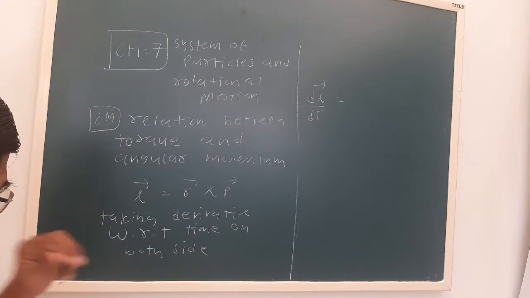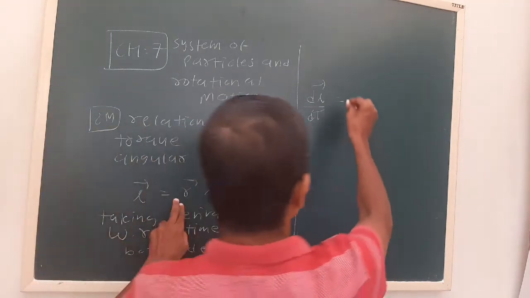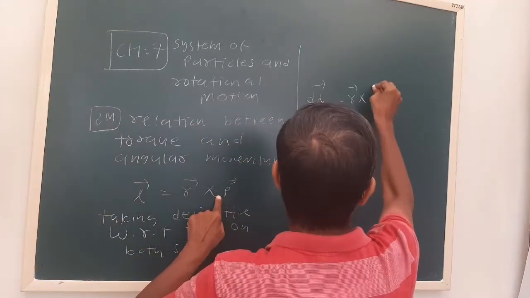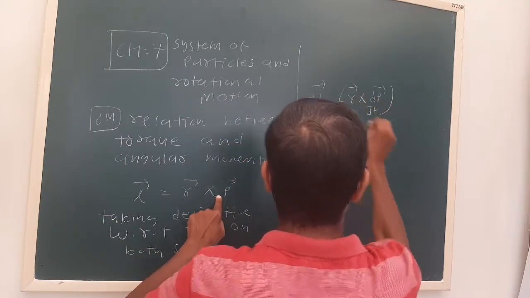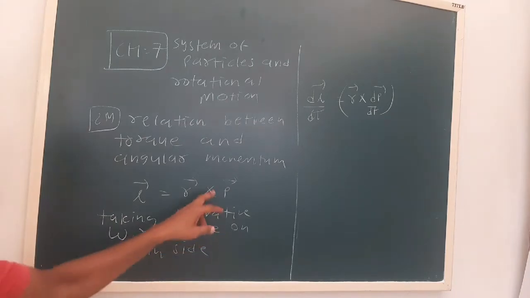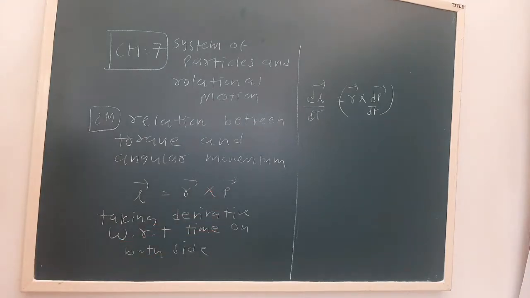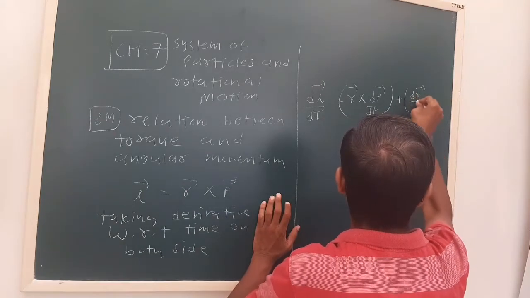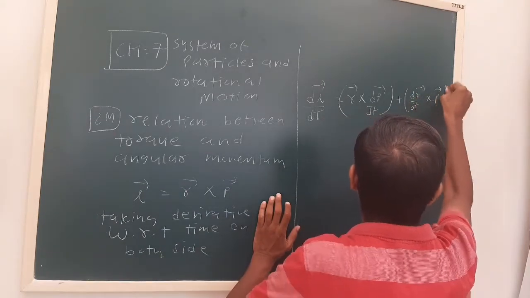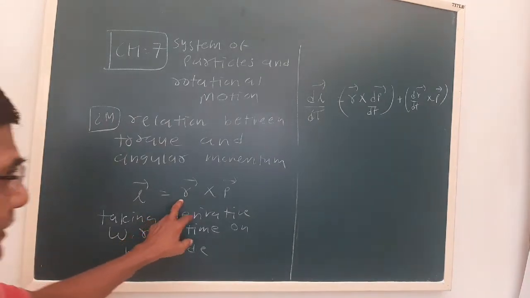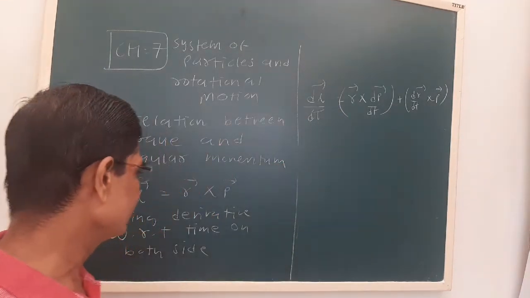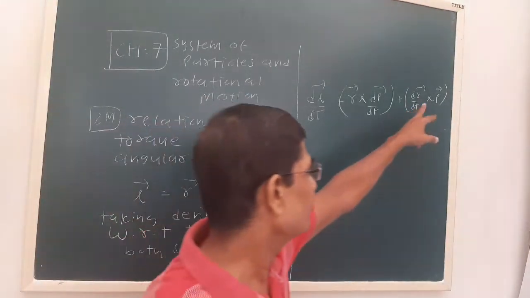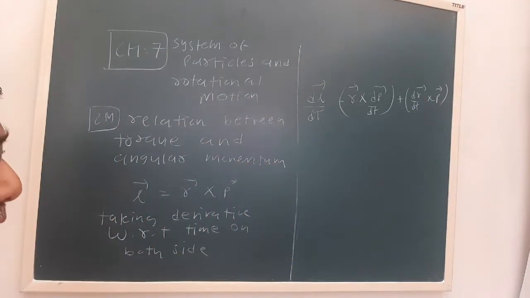Now, r as it is and we take the derivative of the second: the first function is r, the position vector, and p is the linear momentum. So r as it is times the derivative of p with respect to time, plus the derivative of r multiplied by the linear momentum.